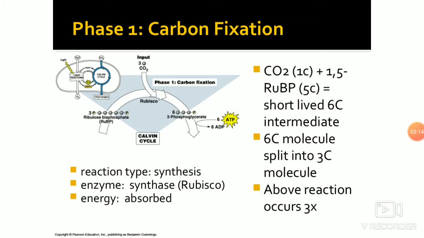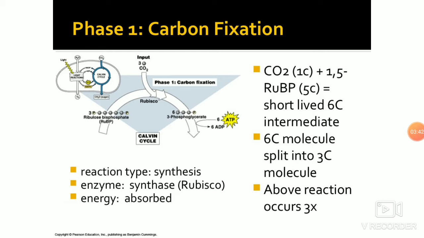The first step is carbon fixation, where carbon dioxide, a one-carbon molecule, combines with a five-carbon molecule, ribulose 1,5-bisphosphate, to form a short-lived six-carbon intermediate, and this six-carbon intermediate is split into two three-carbon molecules.